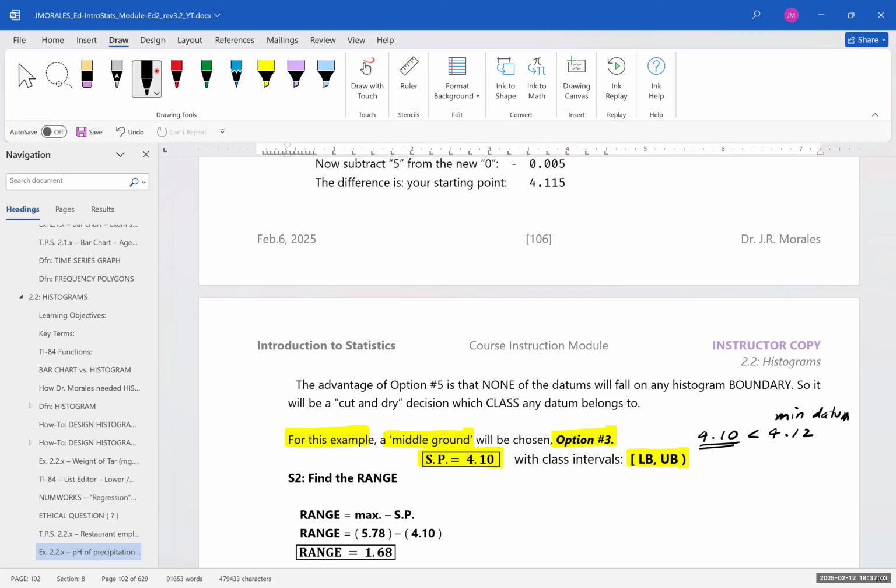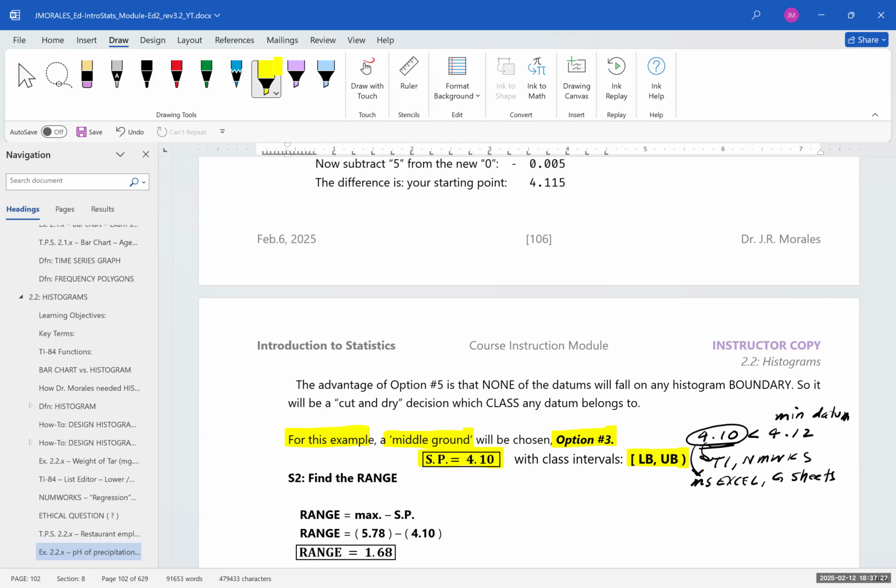Because I'm choosing 4.10, this is going to work with Texas Instruments. It'll work with NumWorks. It's going to work with Microsoft Excel, and it's going to work with Google Sheets. So choosing this starting point is going to ensure it's going to work no matter what. Okay, I'm going to be fine.